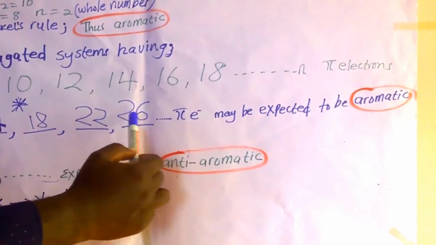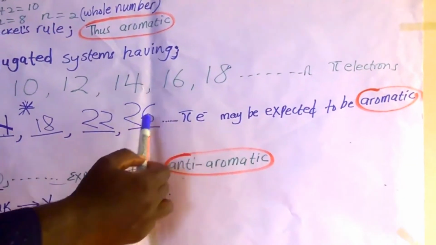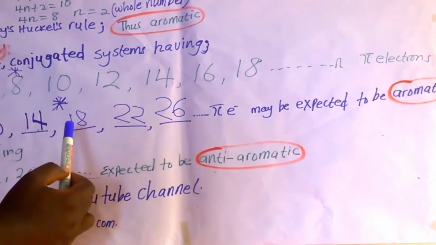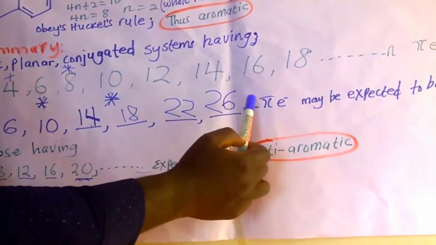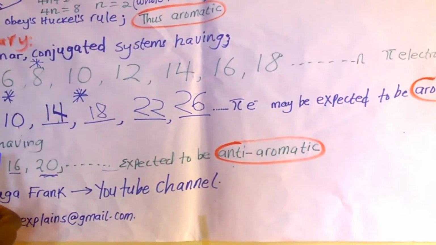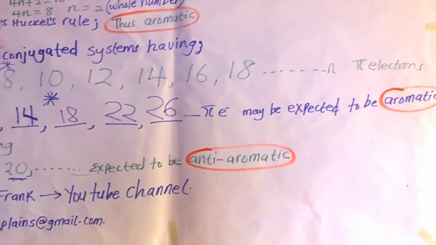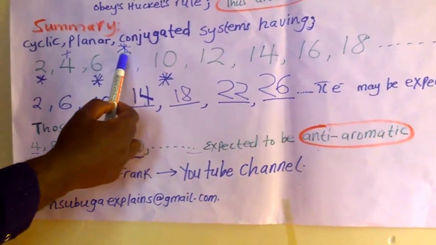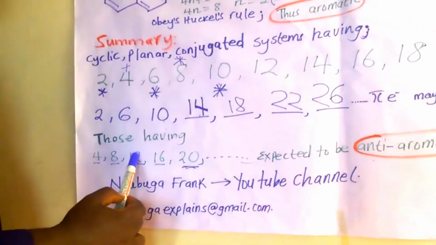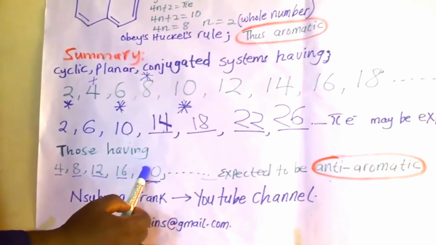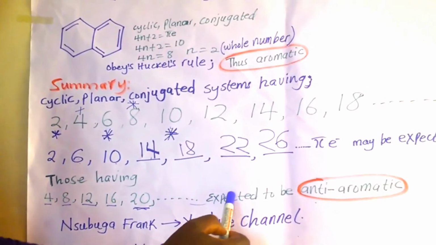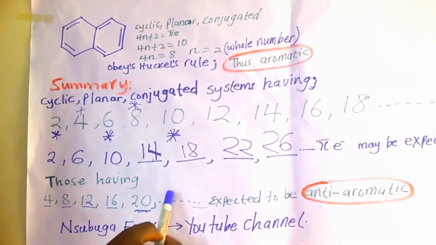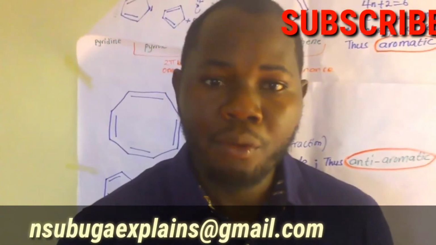If it has this number of pi electrons, as long as it satisfies the other 3 conditions, cyclic, planar, and conjugated, this compound can be expected to be aromatic. However, if it has 4, 8, like you have seen, 4, 8, 12, 16, 20, and so on, as you can see the sequence, this one is expected to be anti-aromatic. I would like to thank you very much for watching my tutorial.